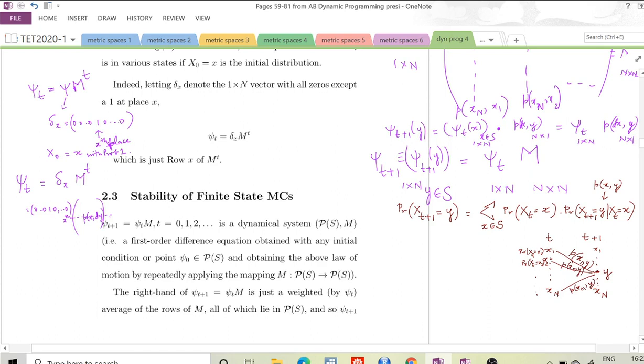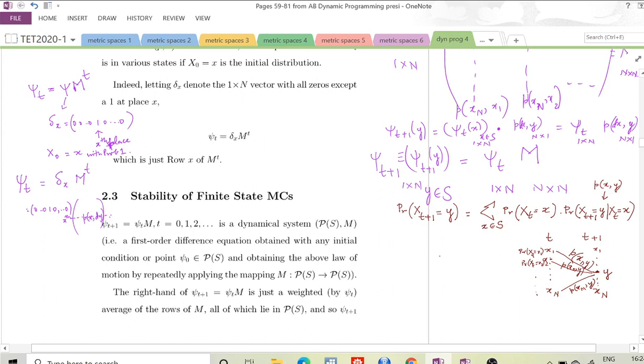So these are, in some sense, different paths by which the realized state at time t+1 is y. So I add up these probabilities across these paths.